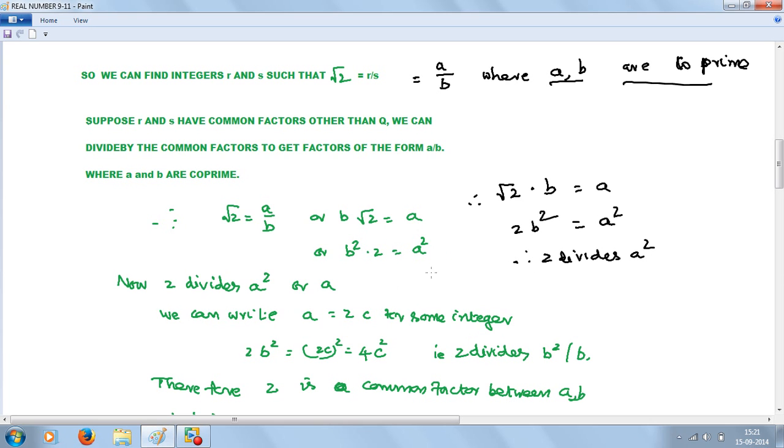So by the theorem, 2 divides a. If 2 divides a, what will we write? We can write a equal to 2 multiplied by some c, for some integer c. So again, square both sides.